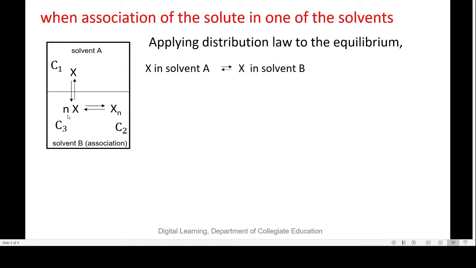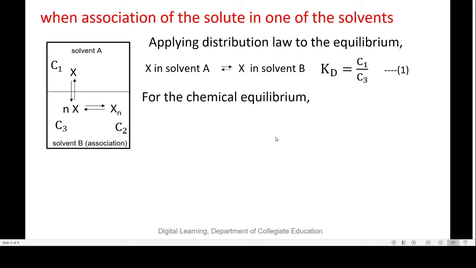If n is equal to 3, a trimer will be formed. Now we can apply distribution law to this equilibrium, that is solute X in solvent A and solute X in solvent B. So the distribution coefficient will be equal to C1 upon C3. Let it be equation 1.